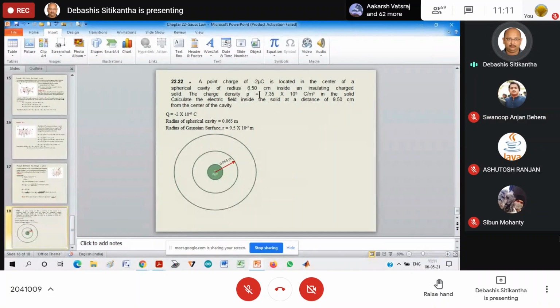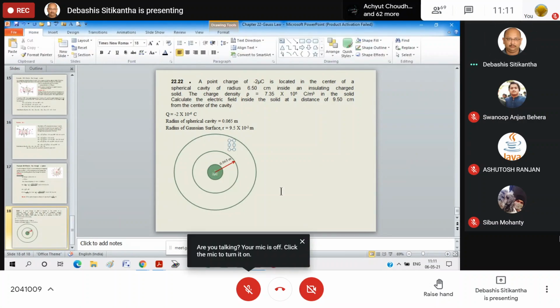The charge density rho, okay, where is rho? So let us see where rho is referred for this. So over here, rho is equal to this much.